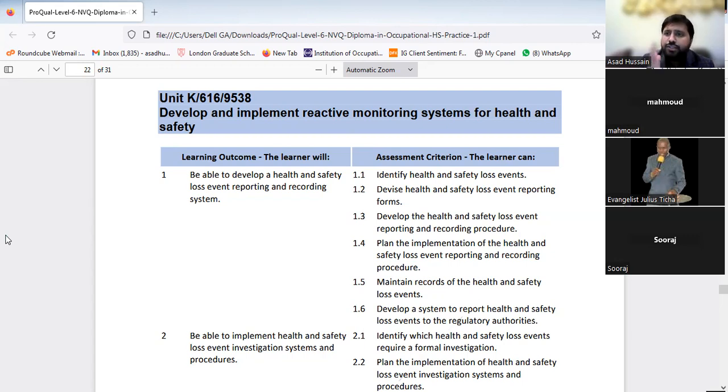So the procedure should be shared with them, and whatever methods and techniques you are using in your workplace for the implementation of these accident reporting procedures, you have to explain there. And for evidence you can produce training session records, meeting minutes, and TBT records.